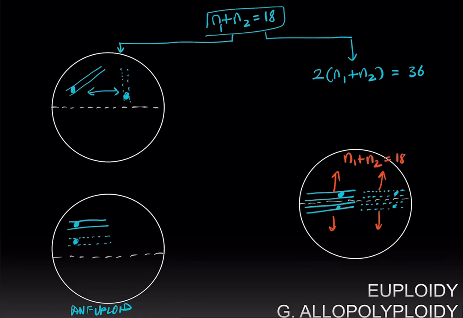So a new haploid number of chromosomes, and would be able to produce viable progeny.